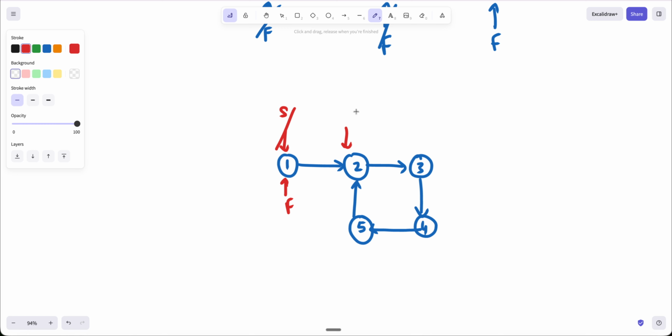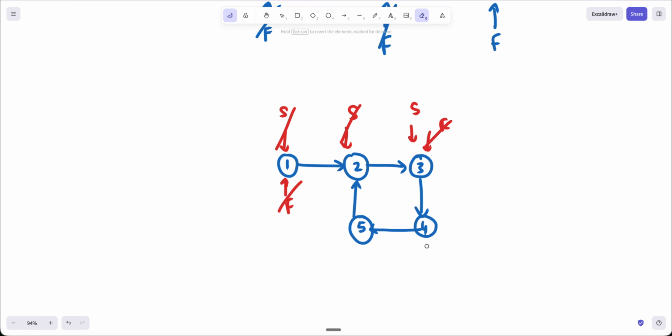Slow moves at 1x speed, fast moves at 2x speed. Sorry, this is not 2 speed, this is 1x.